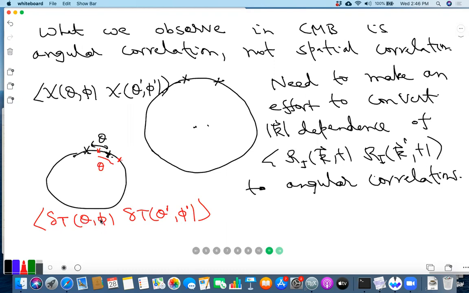That's delta T at some angle, and you calculate delta T at theta prime phi prime and take the product. That's a number. Then you change theta and phi and choose theta prime phi prime accordingly so that the arc length remains the same, calculate the product again, and then average over many choices of theta and phi.